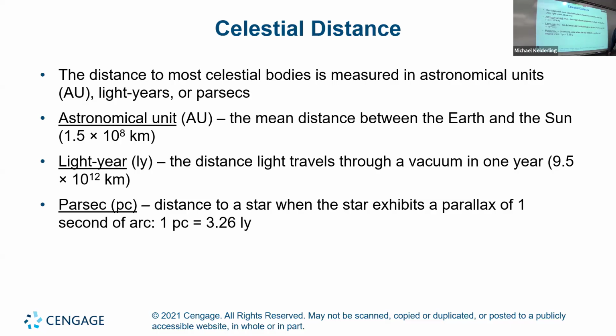If something is 13 billion light years away, the light coming to us left it 13 billion years ago. So one of the interesting things about astronomy is that we can look into the past by just looking into the distance. The further away an object is, the further away in the past it is.